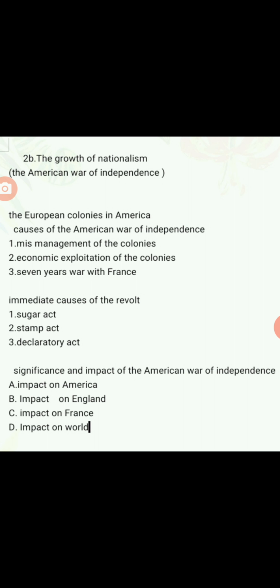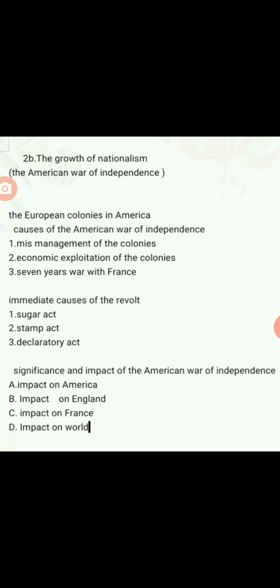Second cause is economic exploitation of the colonies. England wanted to exploit the colonies. Means what? North America was a colony of the British government, so they wanted to exploit the colony to the maximum, but they were not prepared for this. They wanted more and more colonies, but they didn't have that much financial strength, so they started to arrange various types of taxes.